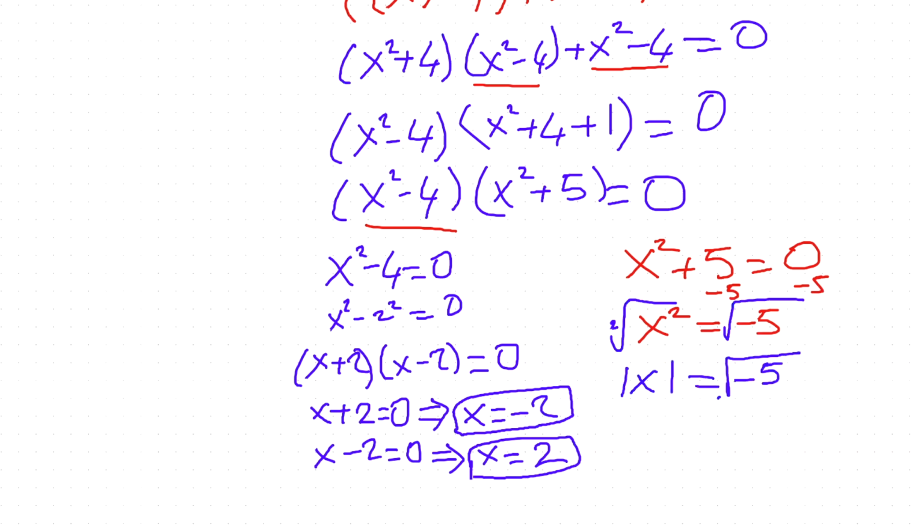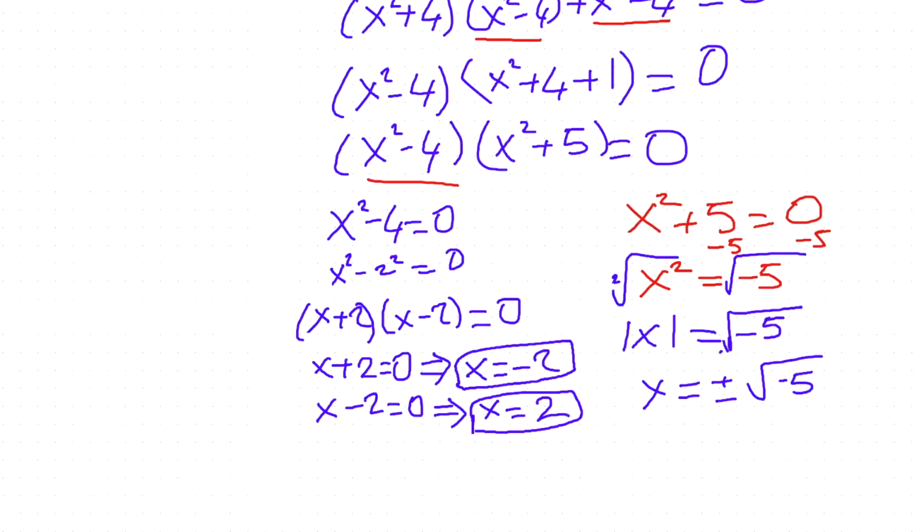So then, what is x? If we have an absolute value, you can have a positive or negative value in this case. You can say plus or minus root negative 5. If you write them separately, plus root 5 for the root of negative 1.